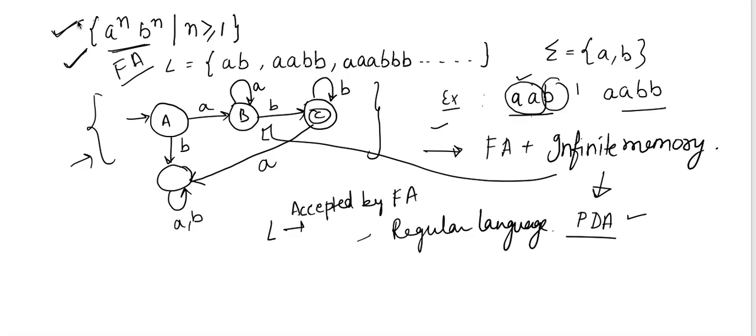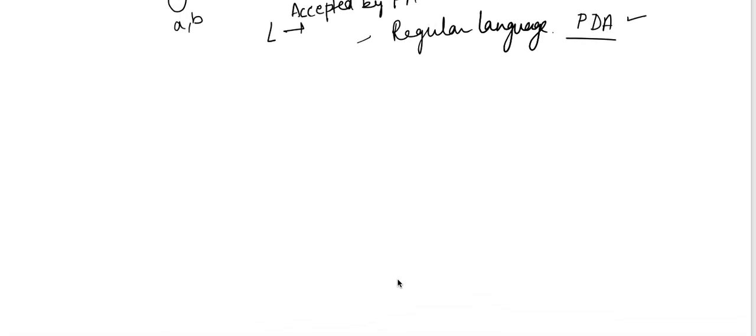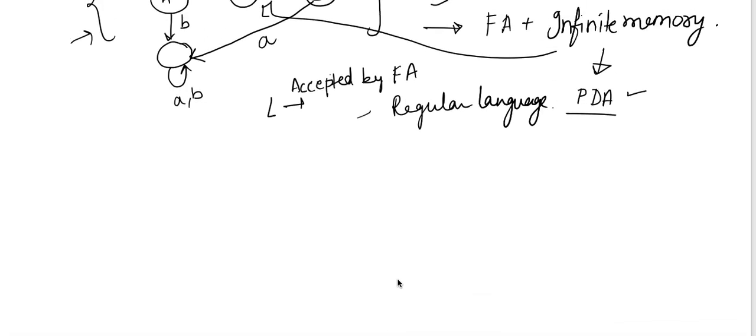This language is not accepted by finite automata, so it is not a regular language, it is something else. We'll see it later, don't worry about it. There are certain languages, and a corresponding automaton is present to accept each language. So let's see what all the languages are.